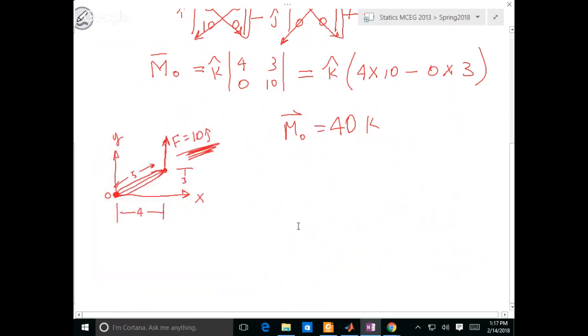So let's suppose that I take this force, I look at a line in the direction of this force. And I decide that instead of putting it right up here, I'm going to put it right down here. And I'm going to put the same force, it has to be the same force.